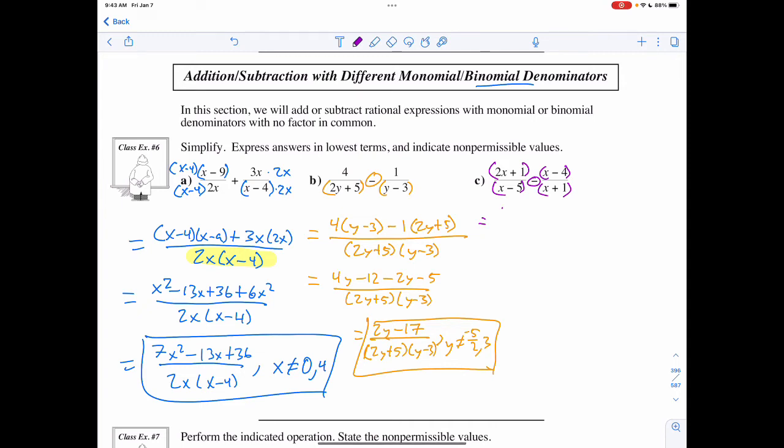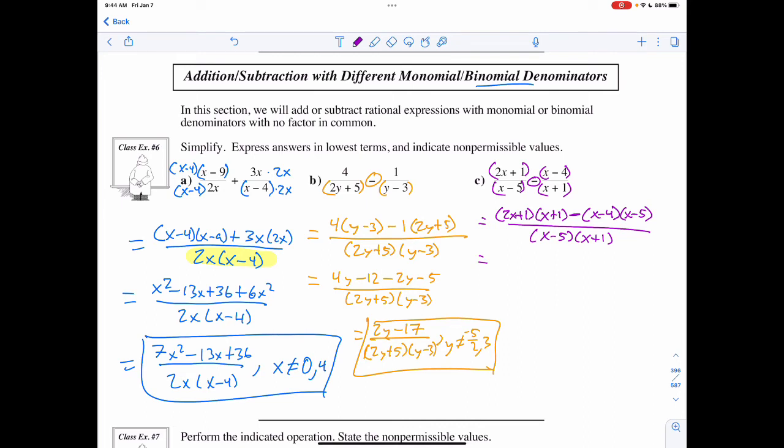I have 2x plus 1 multiplied by the factor that was missing on the bottom of the first expression, x plus 1. Don't forget that minus here. And I'm going to get x minus 4 multiplied by the missing x minus 5. And it's all over x minus 5 times x plus 1.